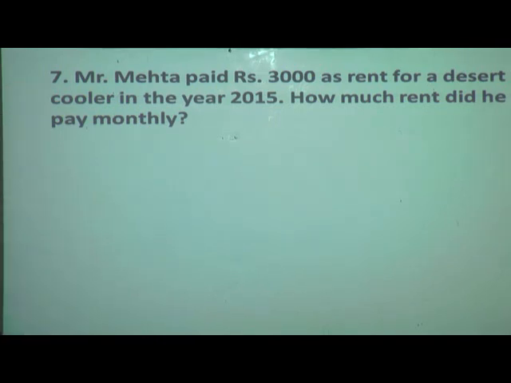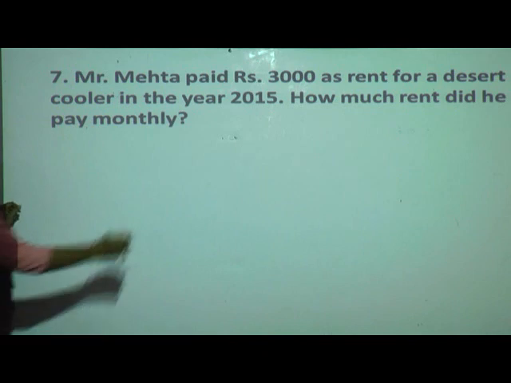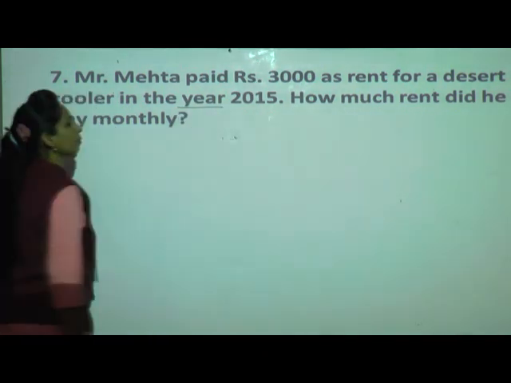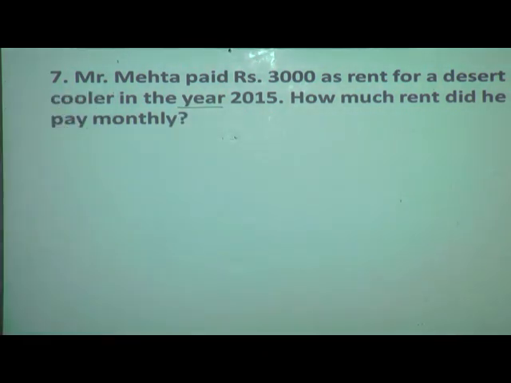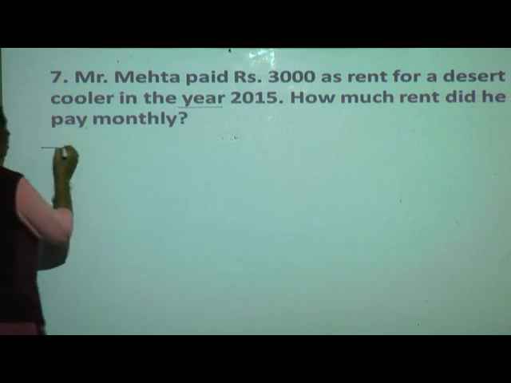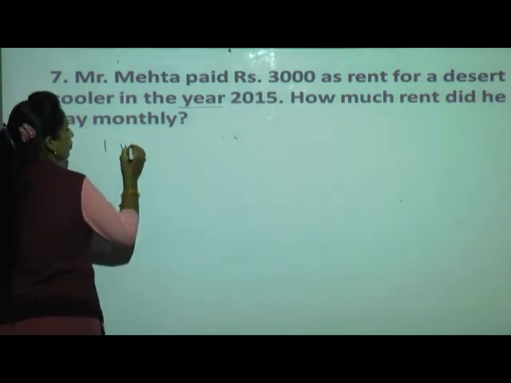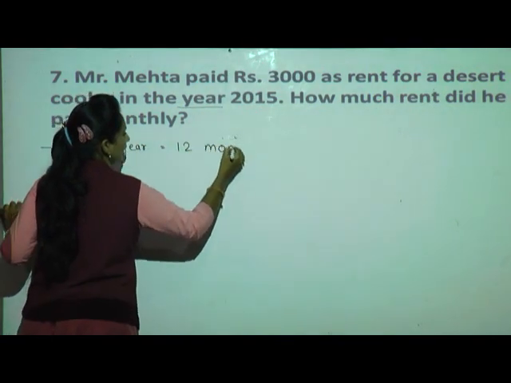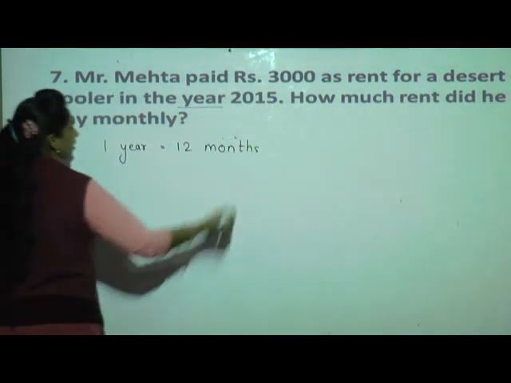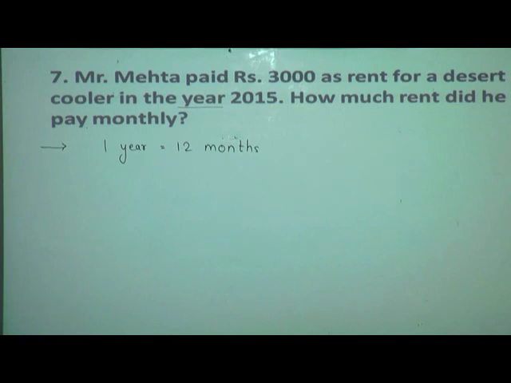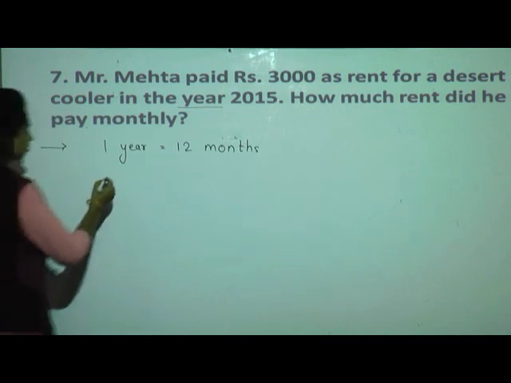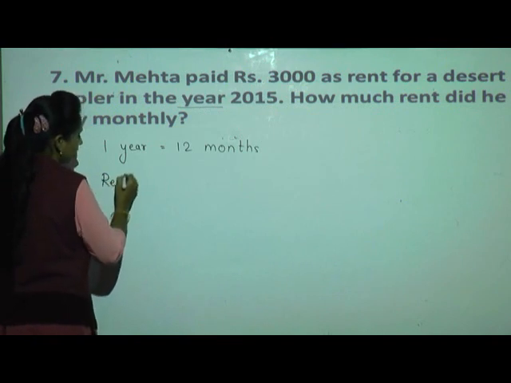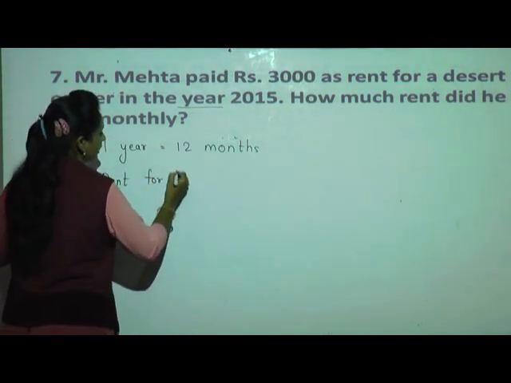Okay, so before that now you tell me 1 year means how many months, students? Yes, correct. So first write here 1 year is equals to 12 months, isn't it? You should know this, you have learned in grade 3. And now see, given information is what? Rent for 1 year.